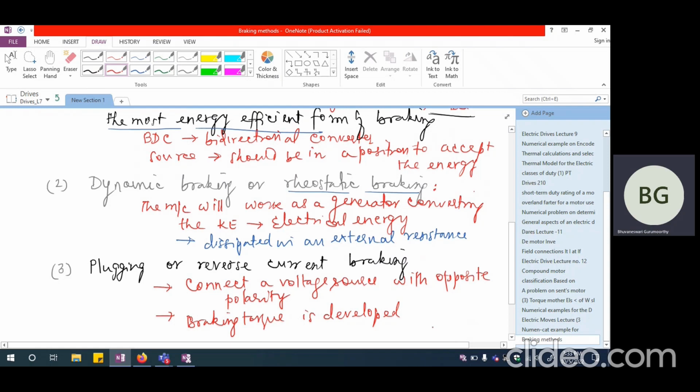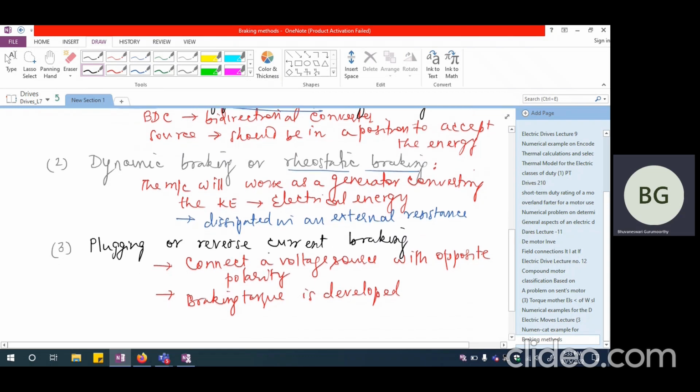The braking torque value can be adjusted by adjusting the current that is being drawn by the motor in the opposite sense. So this will definitely stop the motor very fast, but you are not only wasting the kinetic energy, you are drawing an additional amount of energy from an external voltage source, and that will also be wasted.